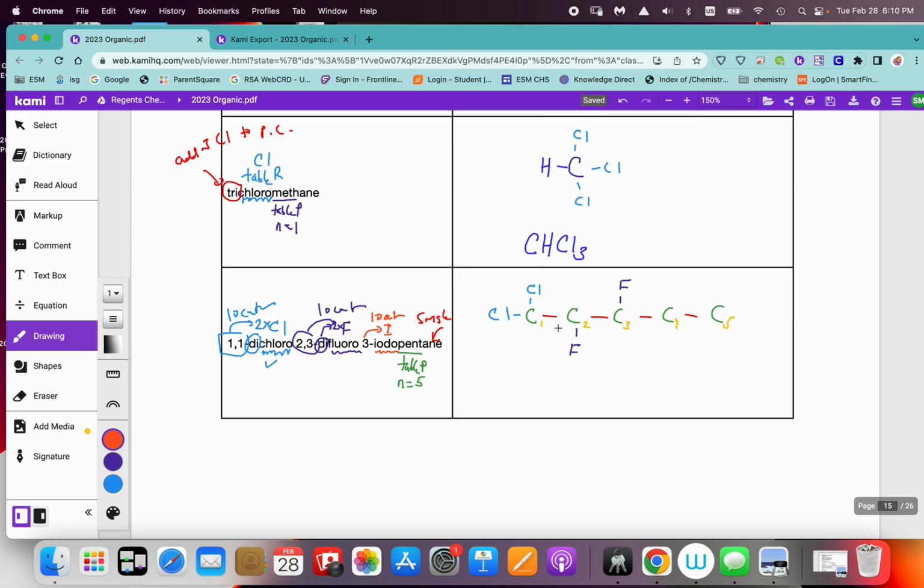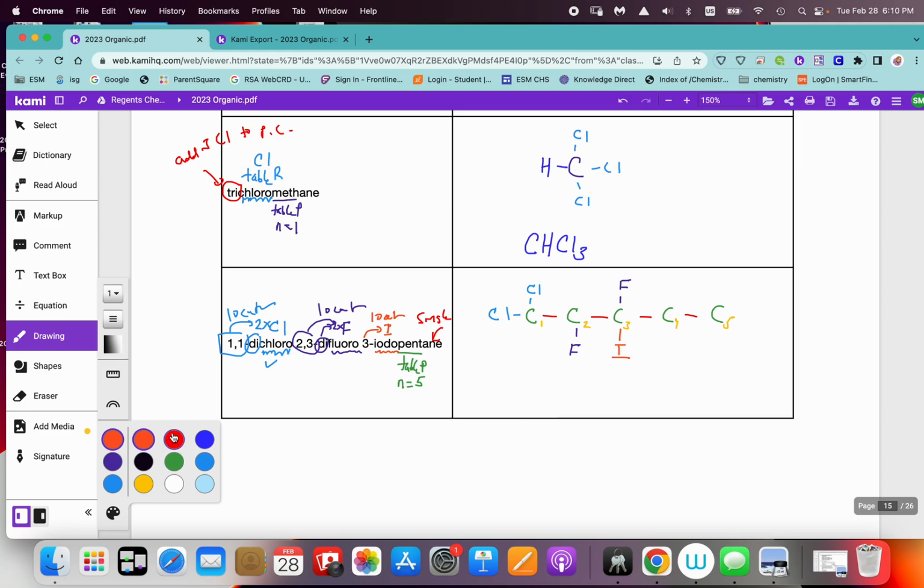So I go and find carbon 3 and I add the iodine there. Now I've put everything in the molecule that the name is talking about, and then I need to do bond fulfillment.